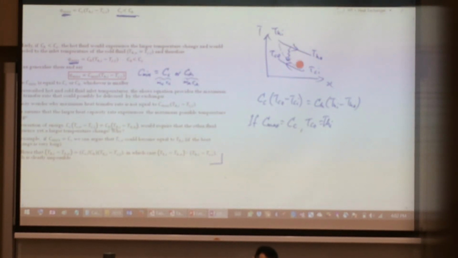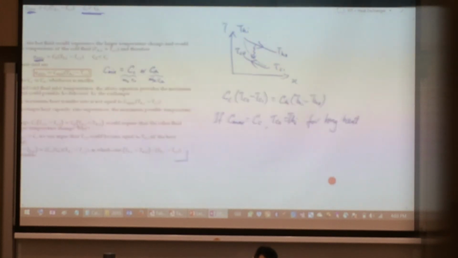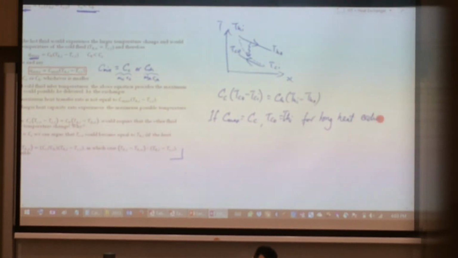Why is it so? That's because if you have this Cc over here as your larger value, and the heat exchanger is very long, then this Tc naught will tend to Thi. So it exits almost at the temperature of your inlet hot fluid.